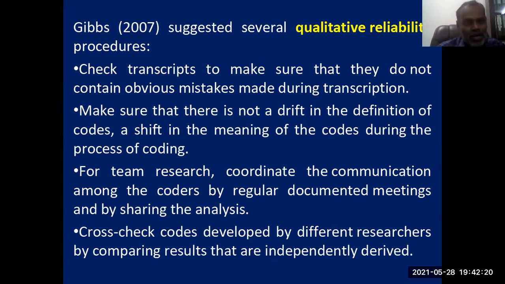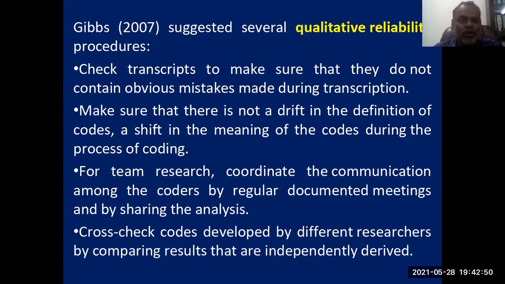So when you are coding, make sure there is no drift of information or drift of definitions, or shift in the meaning of codes. When you are converting certain paragraphs into codes, you need to be very careful when you are framing the codes. If it is team research, coordinate the communication among the coders through regular documented meetings and by sharing the analysis.